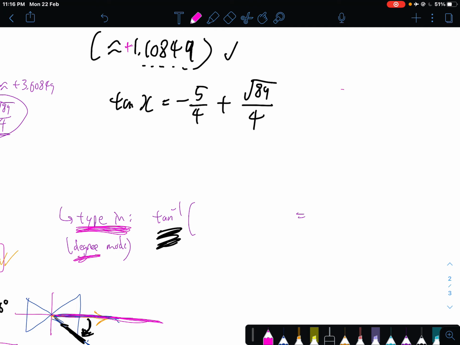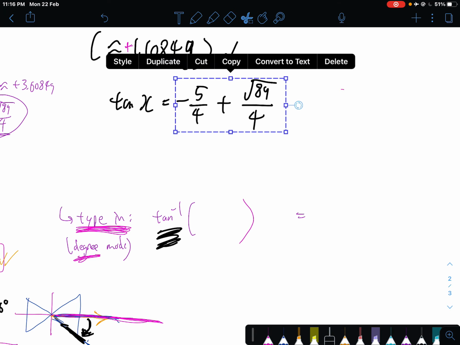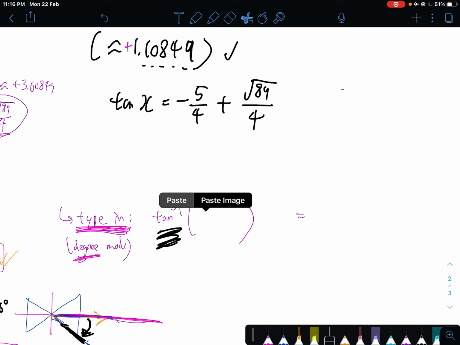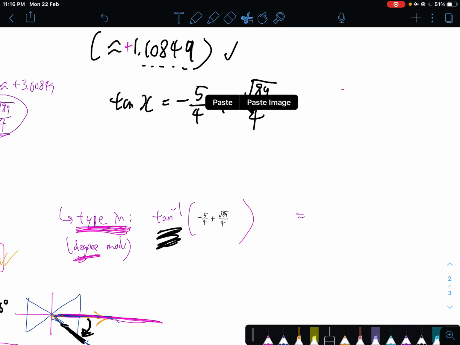We type in tangent inverse of something. What is that something? Very simple. It is just this quantity, whatever we've already figured out as the value. So you just take tangent inverse of -5/4 plus square root 89 whole thing divided by 4. What do you get at the end?